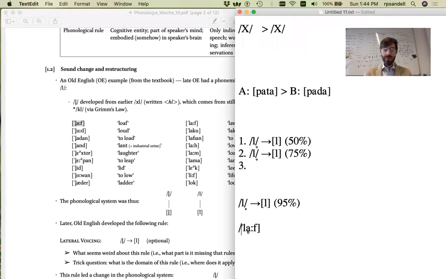And let's add a period in the underlying representation, in which once this optional rule of lateral voicing was available, the diacritic here isn't in such a good position. There, that looks better. This form would have had these two different possible realizations, and we would have seen token variation.